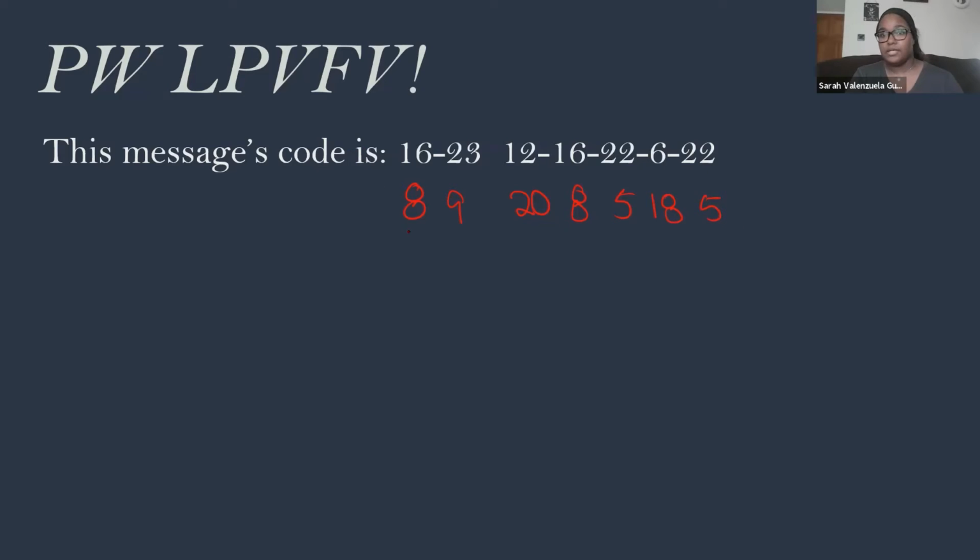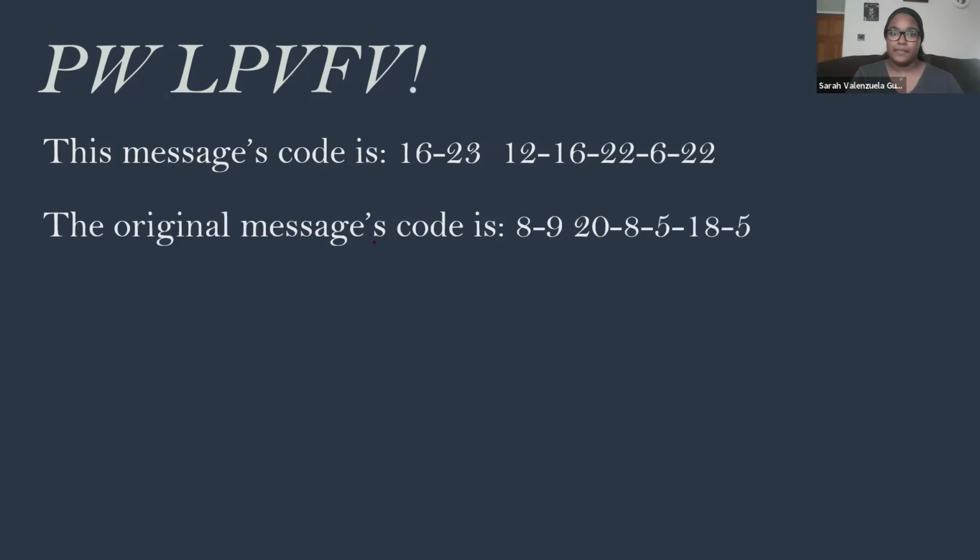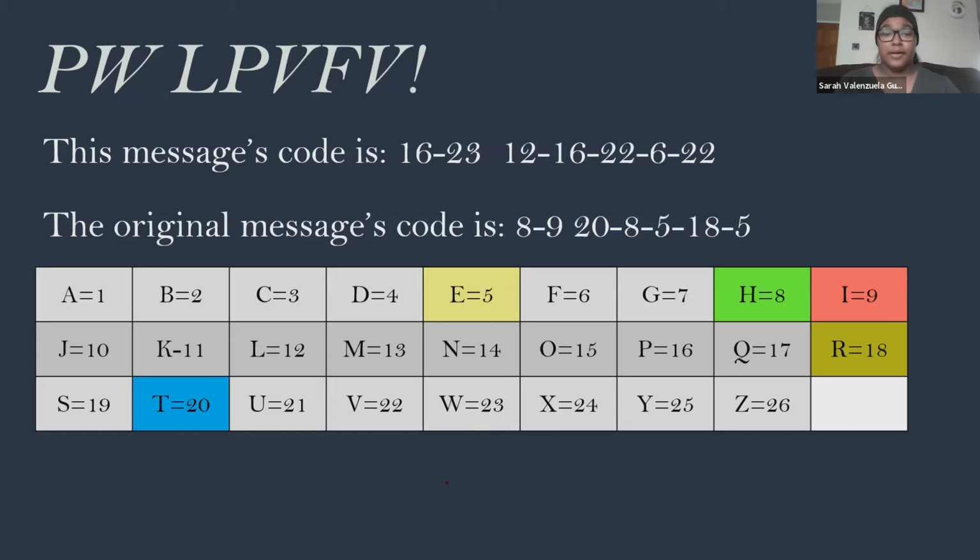So we just go to our table and find this out. So let's see. The letter corresponding to the number 8 is H. The letter corresponding to the number 9 is I. Don't forget there is a little space here. Then the letter corresponding to the number 20 is T. Then we have H again.